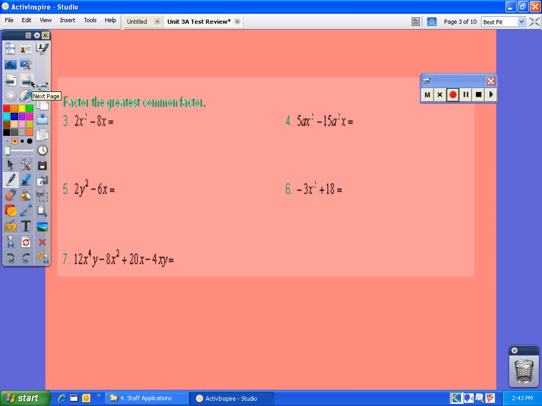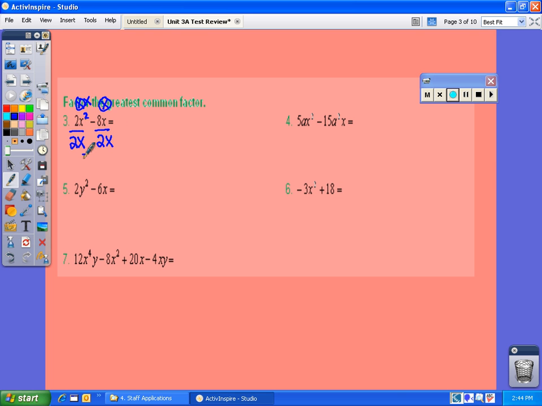Next section we have says factor the greatest common factor. So the first one was 2x squared minus 8x. The first thing that you should do is find out what they can both be divided by. These both can be divided by 2. They also have an x. There are two x's here and one x here, so they have one x in common.